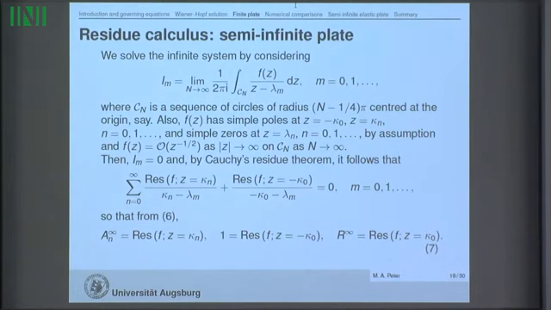So all I've used here is the limiting behavior of f, as well as that I know where the roots are, which I place precisely at the roots of the dispersion relation. And now I compare with my system before.